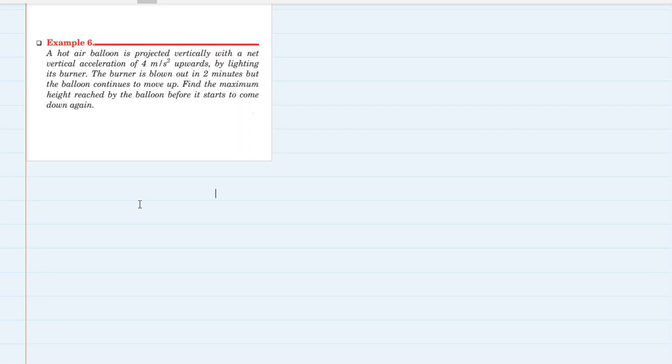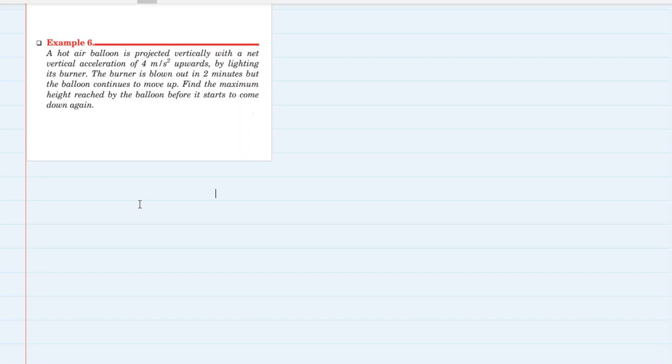So what we have here is a hot air balloon which is projected vertically. Any object thrown vertically seems the same thing, but the only difference is that the balloon is not slowing down as it goes up.